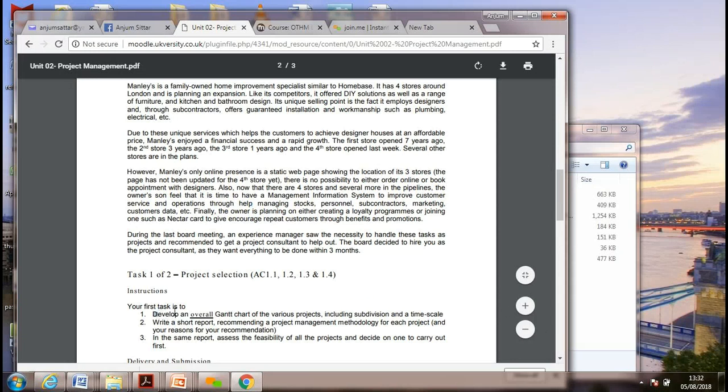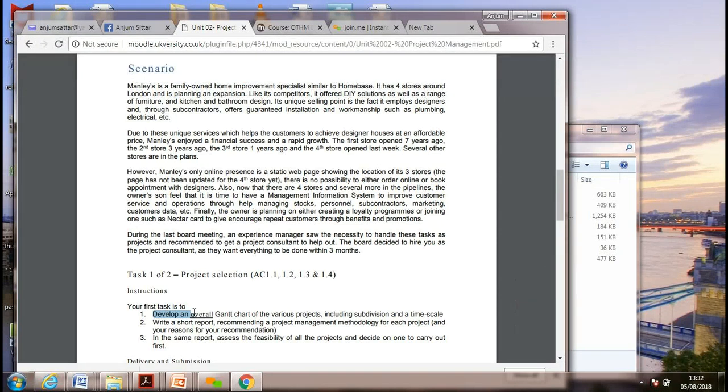So contents can be: first you give the introduction and background information about the organization. You can write how many stores they have in London, maybe online growth. Maybe you can include a little bit of discussion about dynamic websites and static websites. You can include that in your report if you want to.